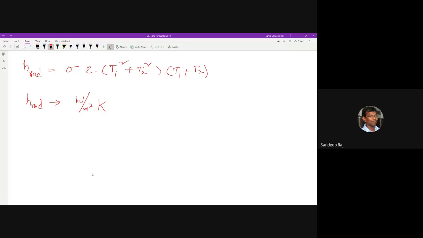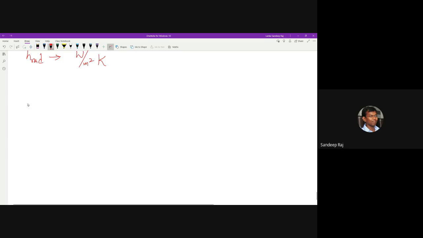So far we have looked into the cylinder concept, the slab concept, and the sphere concept.